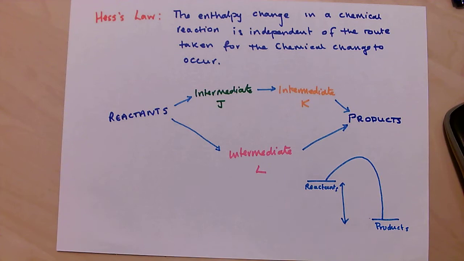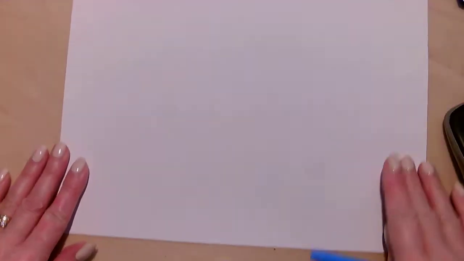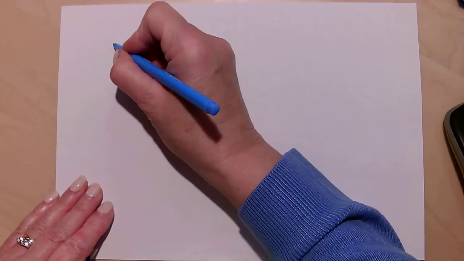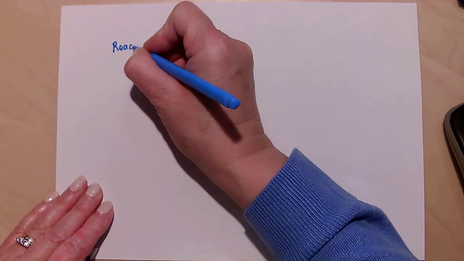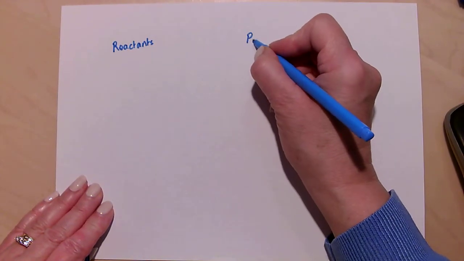So how does that play out in how we use that information at A level? Okay, so how we construct our Hess cycle, we have our reactants here, and we have our products here.